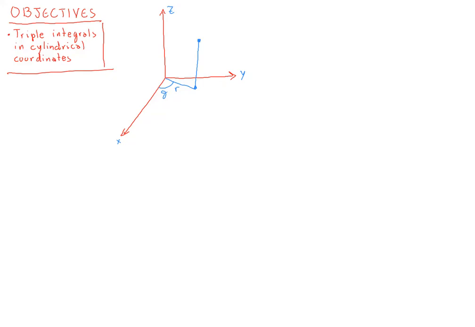And the last cylindrical coordinate is z, the usual z that you have in Cartesian coordinates. So the cylindrical coordinates are r, theta, and z.